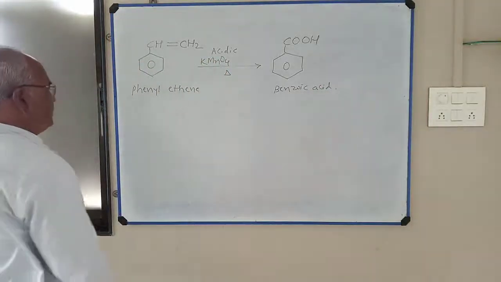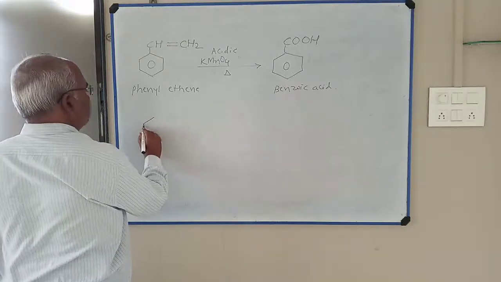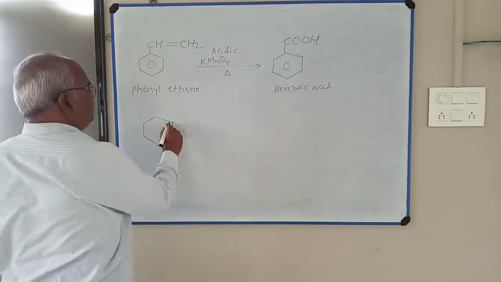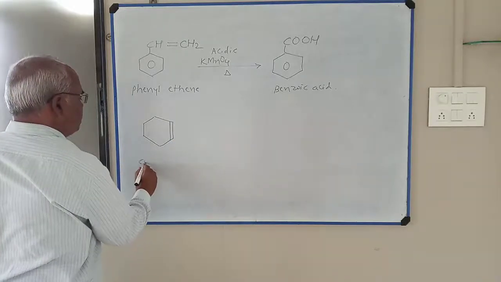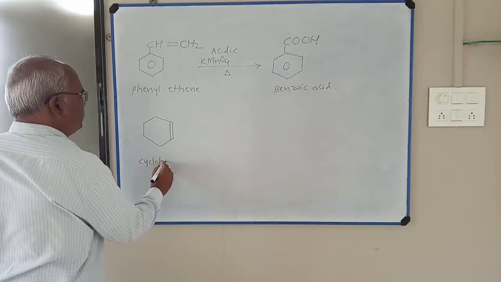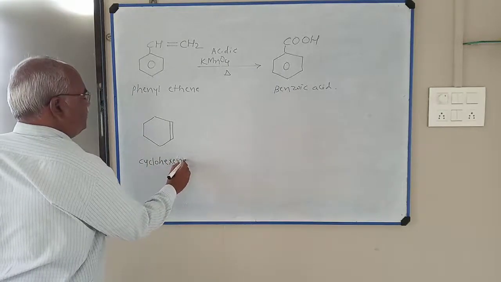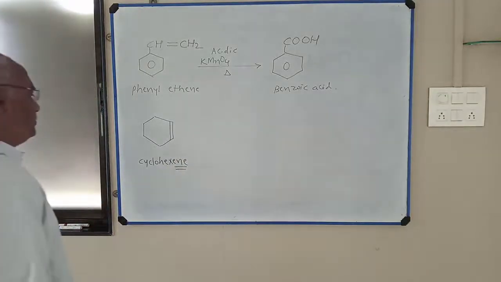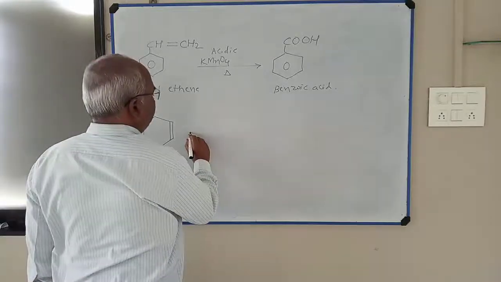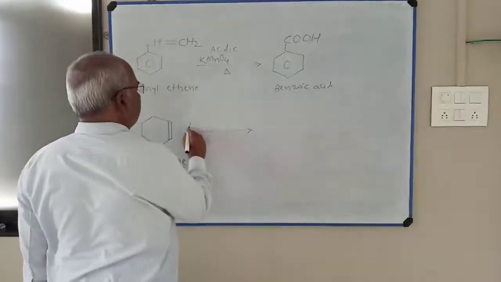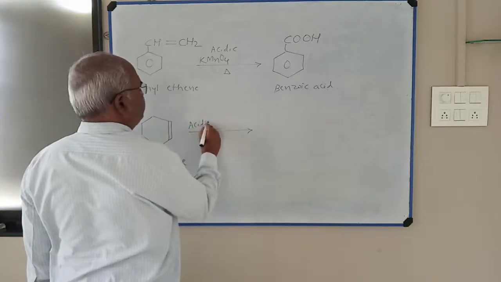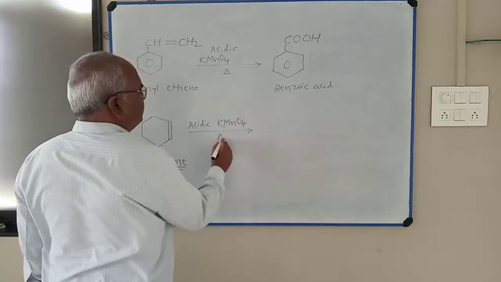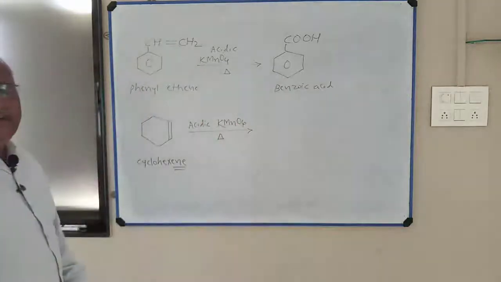After completing this, come to this compound. This is cyclohexane. If here is a double bond, the name of the compound is cyclohexene. The ene represents it contains one double bond, cyclohexene. Its oxidation is carried out by using acidic potassium permanganate. Heating is represented by delta sign.